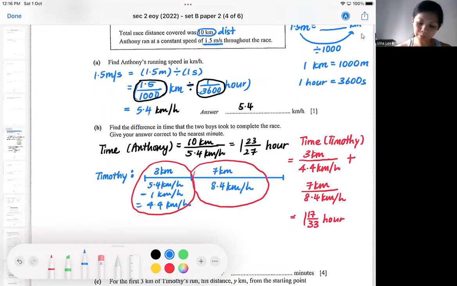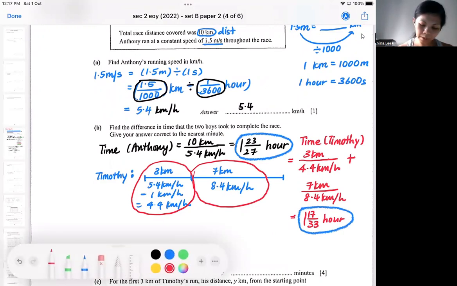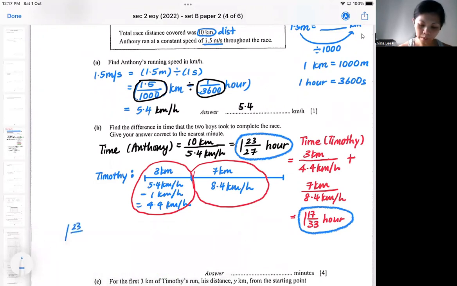So you should take a time difference between this and this. Then you convert to the nearest minutes. So it's pretty easy. If you want the time difference, it's just part 1 and part 2, just subtracting the fractions.